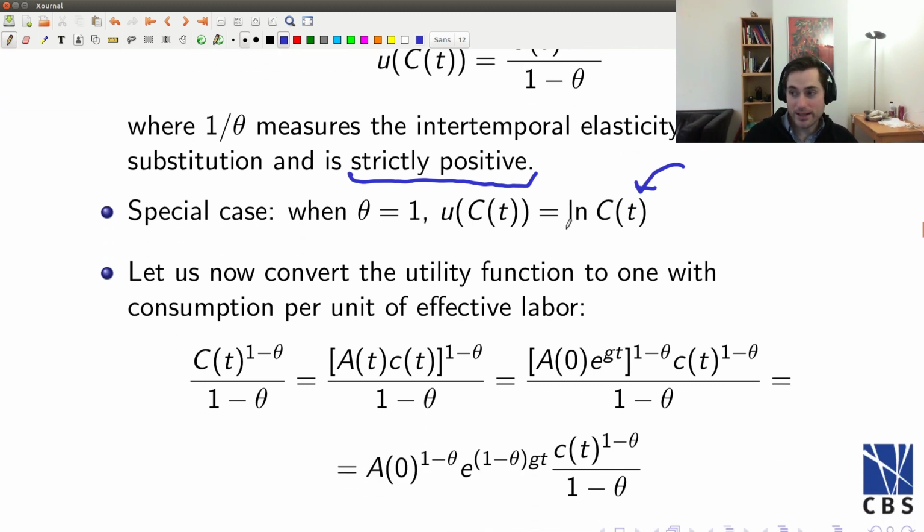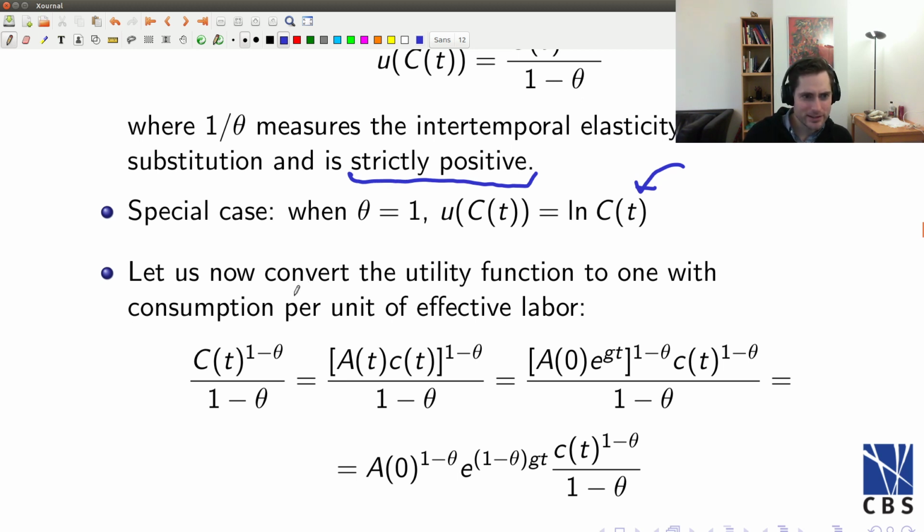Okay, we have already put the budget constraint in terms of everything per unit of human capital. Now let's put the utility function in terms of utility per unit of, we've got to be a little bit careful here, it's actually going to be per unit of technology.